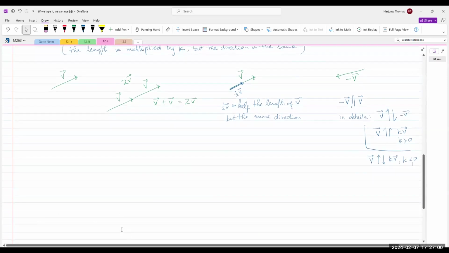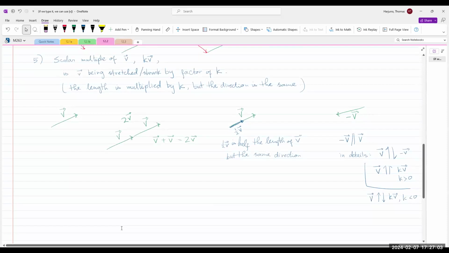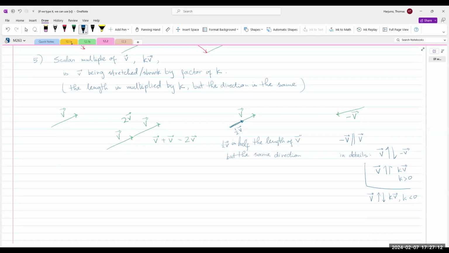Now, once we understand that negative vector is basically the same vector, but you reverse the direction, then we can introduce ourselves to subtraction. Vector v minus vector w is the same as vector v plus the opposite of vector w. Okay, so let's say this is our vector v, and this is my vector w.